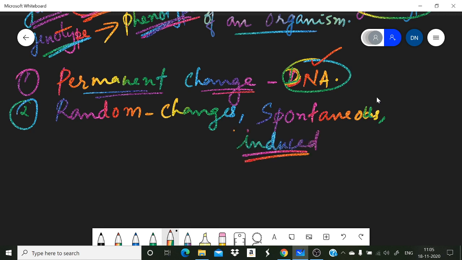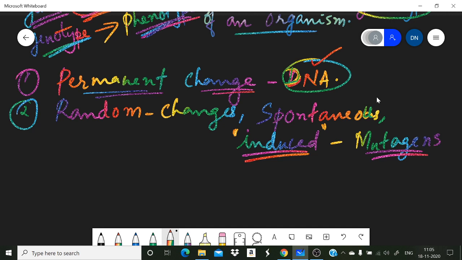That means the mutations can also be a consequence of certain agents. The mutation causing agents are known as mutagens, and mutagens can be of different types. Physical mutagens are there, chemical mutagens are there, and we will study that later.